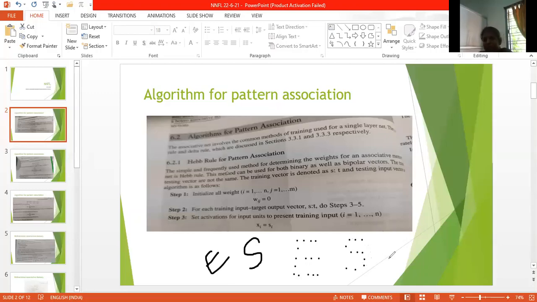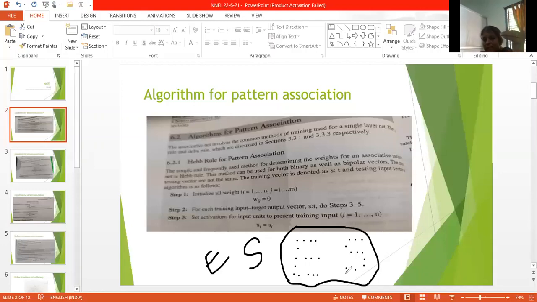Generally we know E is written continuously, but your neural network needs to identify these associated patterns and process them. It needs to calculate weights for each pattern.